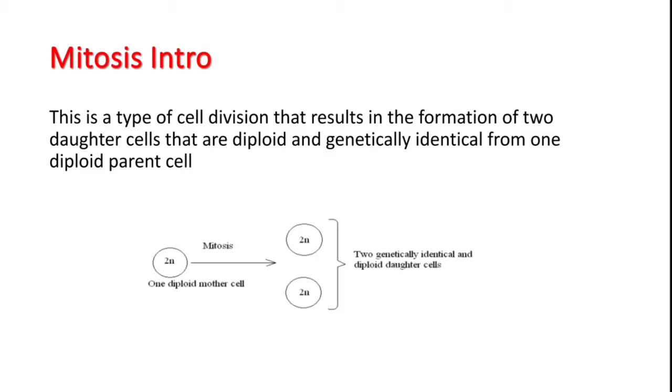These two new cells are coming from one cell, which is dividing into two new cells, as you can see. And they are the same. The genetic information is the same. The number of chromosomes is the same. There's no difference between these new cells and the parent cell.